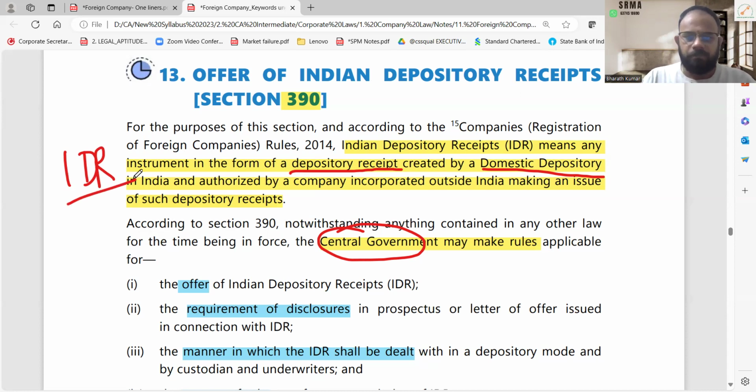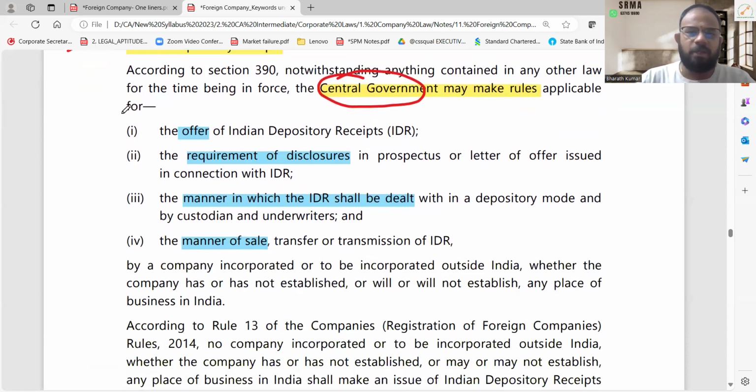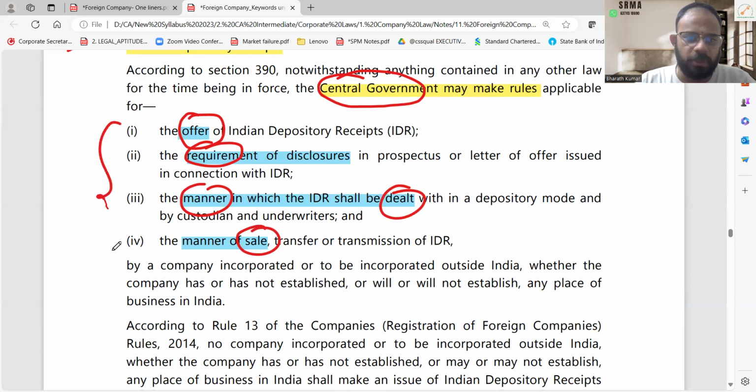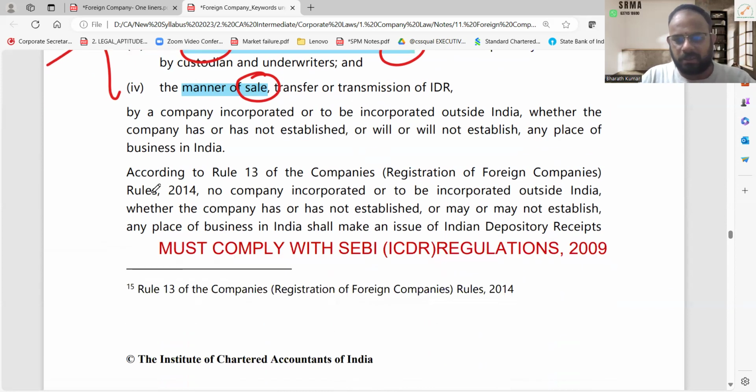That's all. So what and all the central government will make rules: offer, requirement, manner of how it has to be dealt with, manner of sale. All these 4 points, who will do? Central government will do. Just glance at this, it will help you. Remaining is not the point.